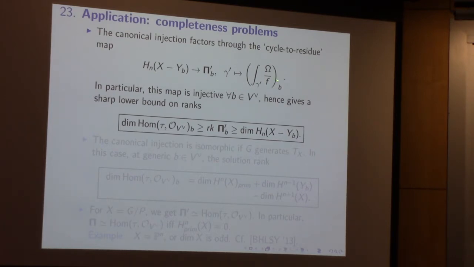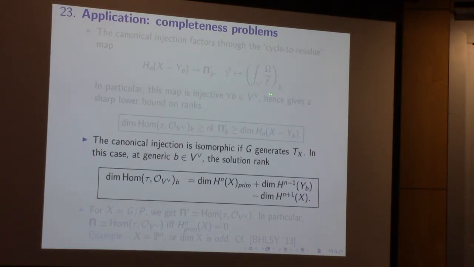Because this map is injective, as I indicated earlier, you automatically get a bound on the residue sheaf. So it's bounded below by this complement cohomology and above by this solution sheaf. These results are generally very difficult to get by calculation alone, so you have to appeal to some D module technology.